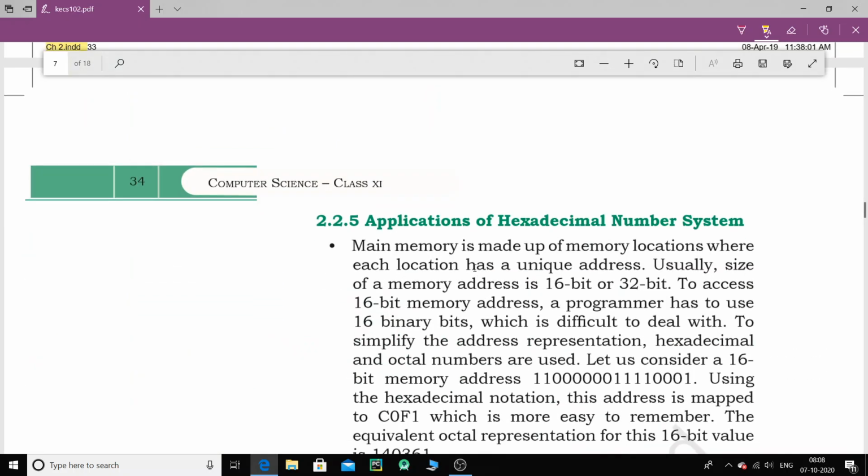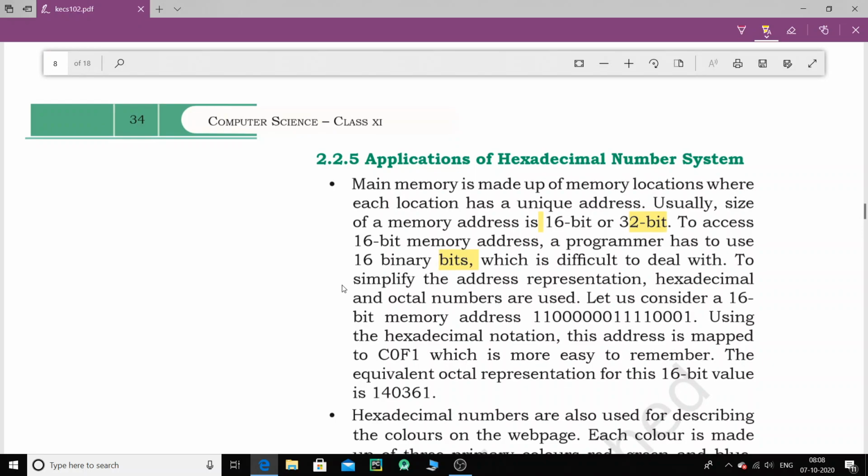Applications of the hexadecimal number system: we have memory addresses, which are 16-bit or 32-bit. To access a 16-bit memory address, a programmer would have to use 16 binary bits, which is difficult to deal with. To simplify the address representation, hexadecimal and octal number systems are used.